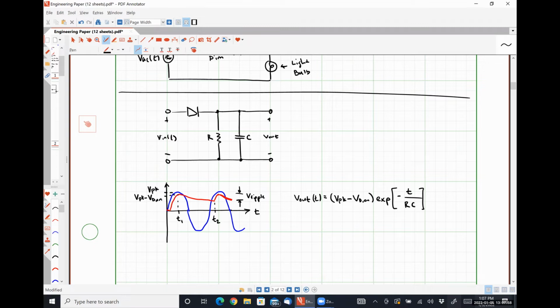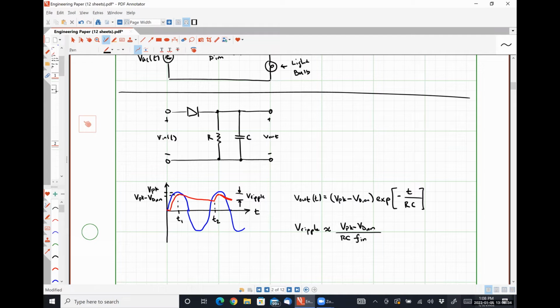So our ripple voltage, without any derivation, because it's done pretty well in every textbook I've seen, is simply going to be V peak minus Vd on divided by RC times Fn, which is the frequency of our input signal, right?